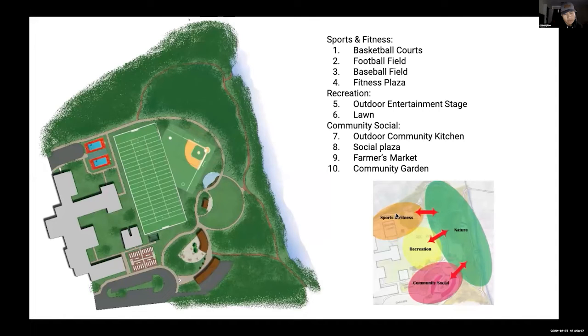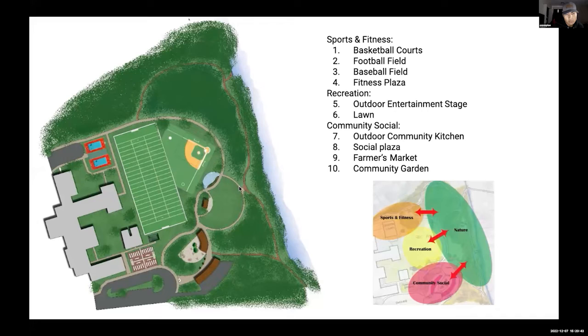So in my concept, I divided this park into 4 sections: sports and fitness, which includes the basketball courts, the football field with baseball field, and also a fitness plaza. For the recreation area, there will be an outdoor entertainment stage with a lawn.